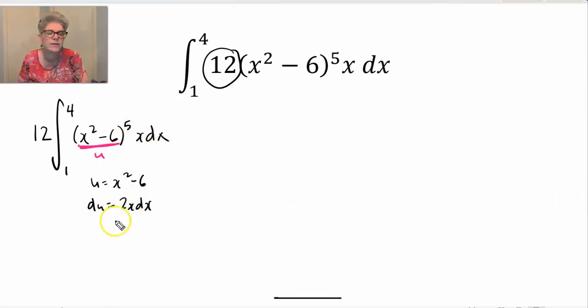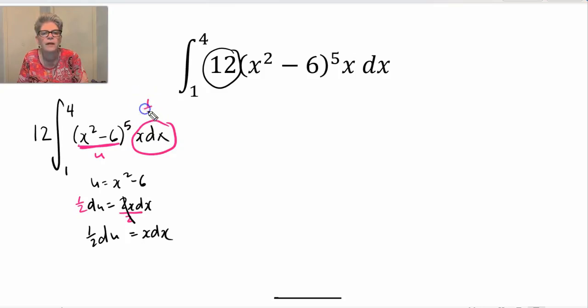And so how do I get rid of the 2? Well, I'm just going to divide both sides by 2. Dividing by 2 is the same thing as multiplying by a half. So that will cancel, and I'm going to have a half of du is x dx. All right, so this here is 1/2 du. Okay.